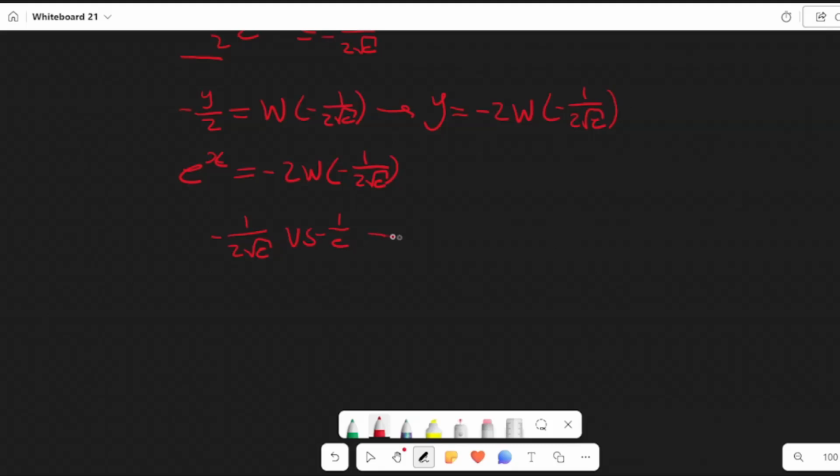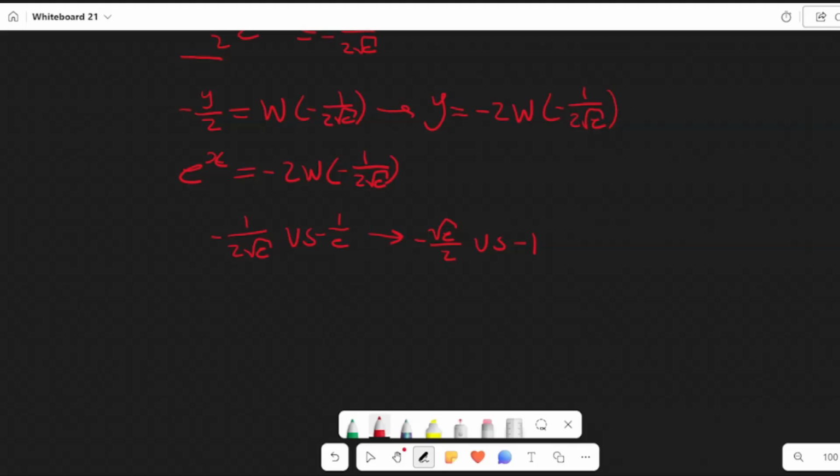So we can just compare these two. If we multiply by e, we get negative square root of e over 2, and we're comparing that with -1. Well, square root of e is less than 3, and as such it must be less than 2.